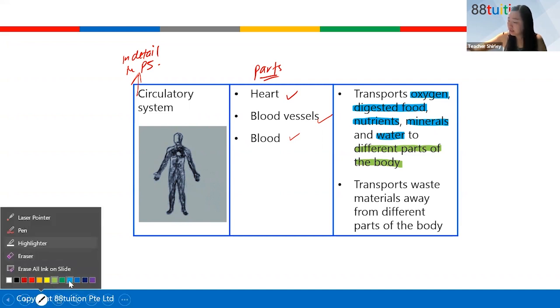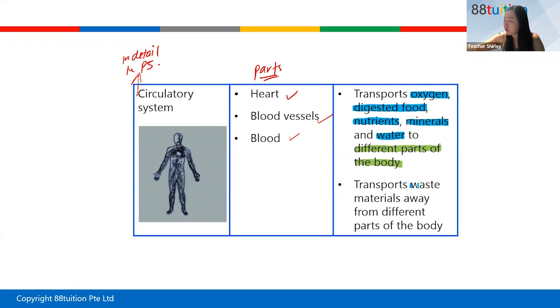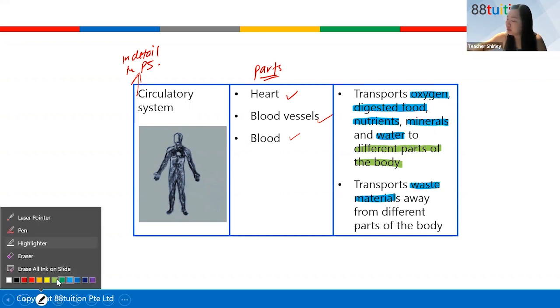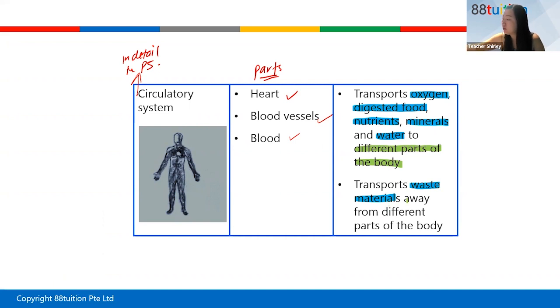On the other hand, it also transports waste materials, which is the second function. It transports them away from the different parts of the body. So that's why the circulatory system has two functions. Function number one is the substances that it transports to the body. Function number two is the substances it transports away from the body.